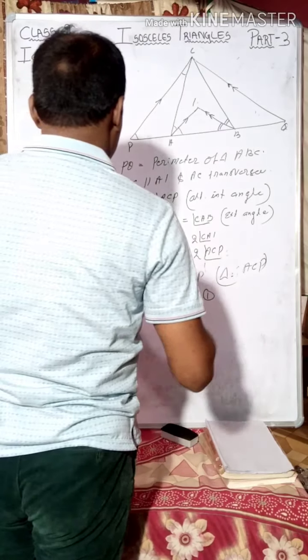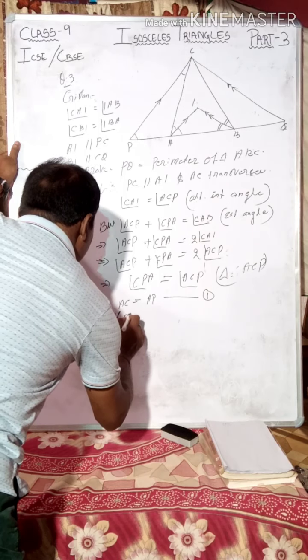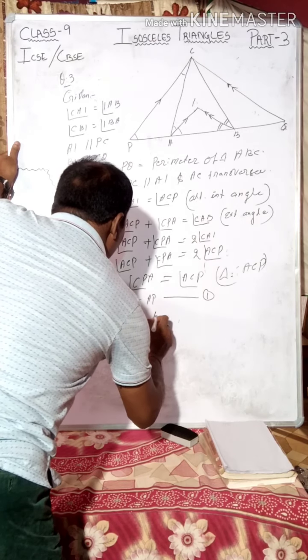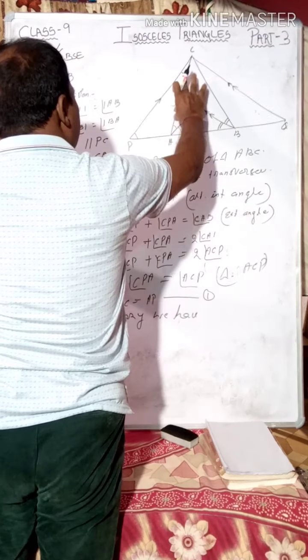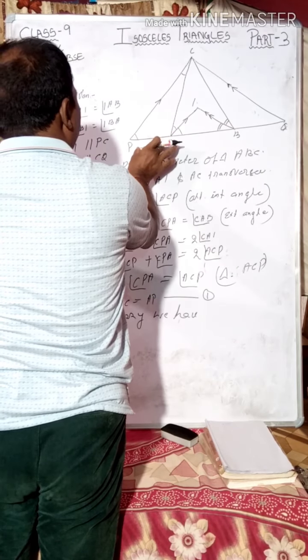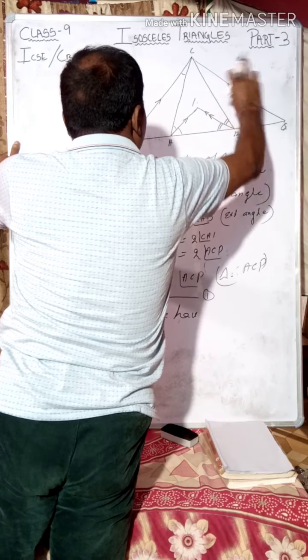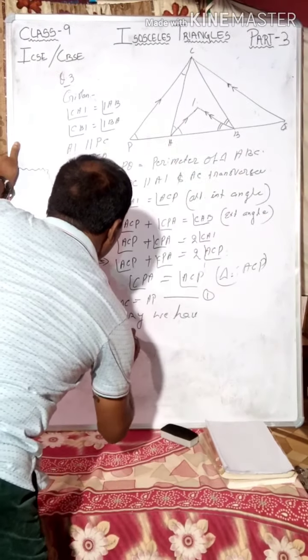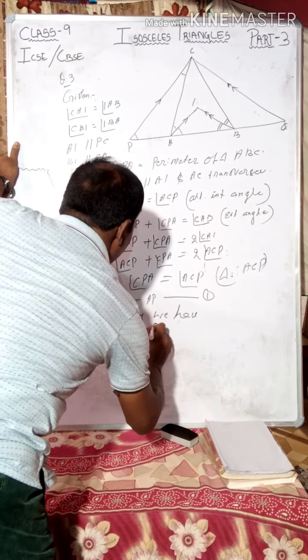Similarly, as CA is equal to PA, likewise we can prove CB is equal to BQ.